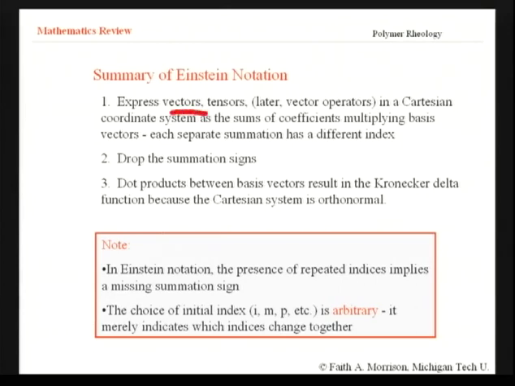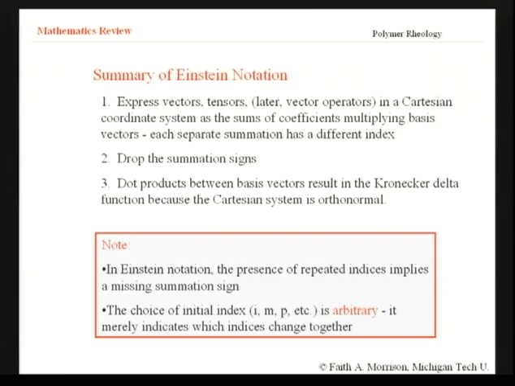It expresses vectors and tensors in Cartesian coordinates as a sum of the basis quantities. We do not write the summation sign. Because we use Cartesian coordinates, when we dot various terms together, the dots of the basis vectors become the Kronecker delta, which allows us to simplify.